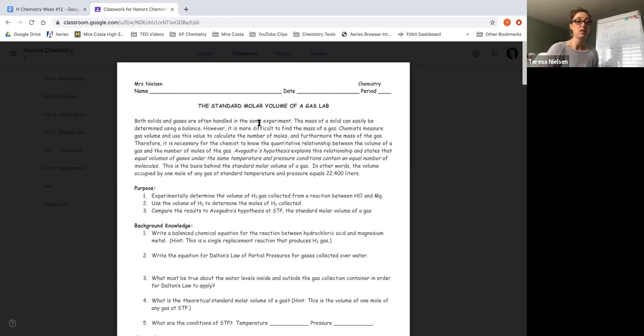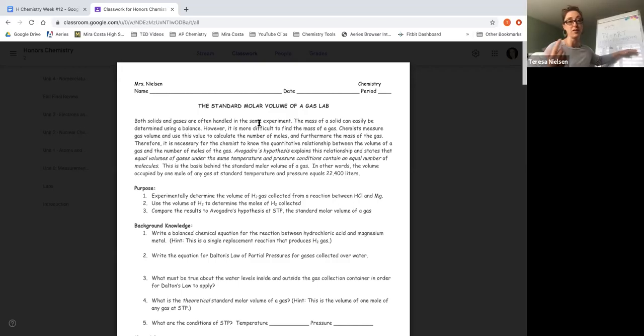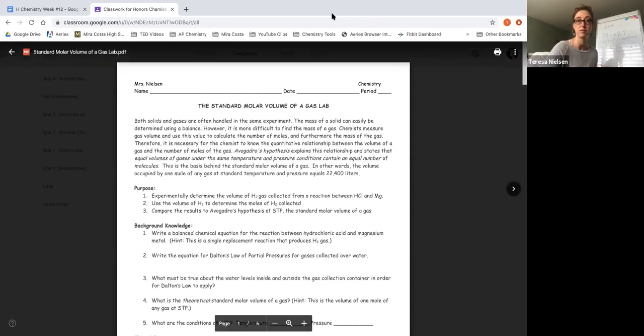And 3, compare your results to Avogadro's hypothesis at STP, which is called the standard molar volume of a gas. We call this the standard molar volume of a gas because it's the volume of 1 mole of a gas under standard conditions. Hence the name. 1 mole, standard conditions, volume is 22.4 liters, okay?